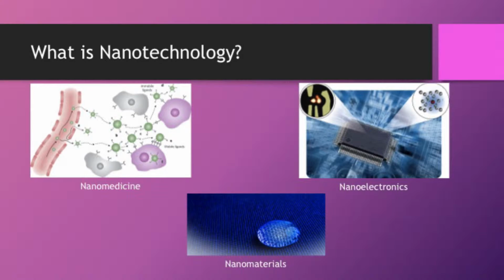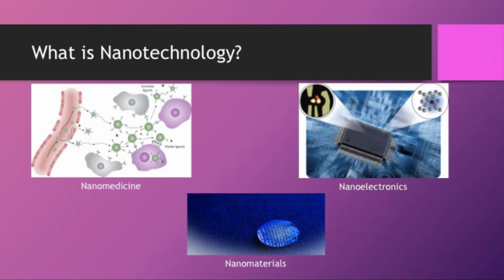So here are some different applications of nanotechnology. First is nanomedicine, which me and Jeremy both worked on in our last co-ops, and I'm still working on it in my co-op now. Nanomedicine involves different molecules and different treatments to develop safer and more effective treatments for diseases such as cancer, which I'll show you an example of in a minute. There are also applications for the electronics industry, such as semiconductors.